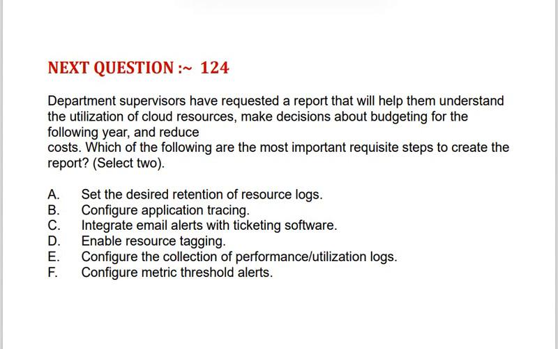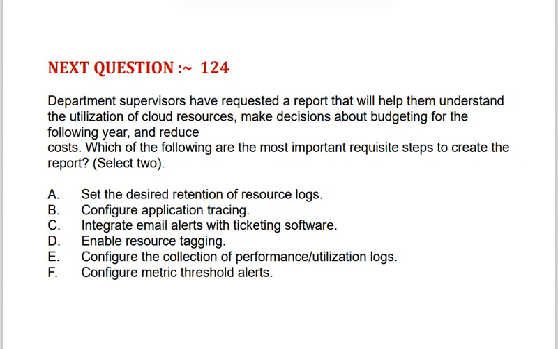Question is, department supervisors have requested a report that will help them understand the utilization of cloud resources, make decisions about budgeting for the following year and reduce costs. Which of the following are the most important requisite steps to create the report? Select two options. Option A, set the desired retention of resource logs.